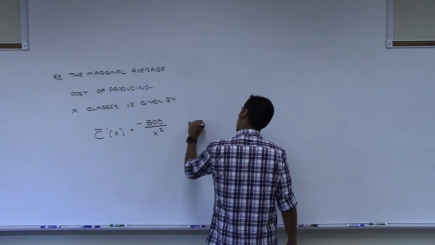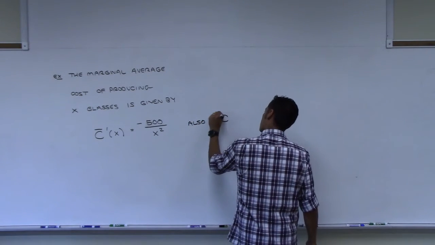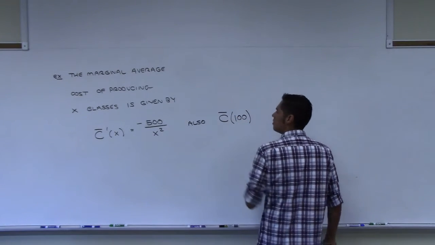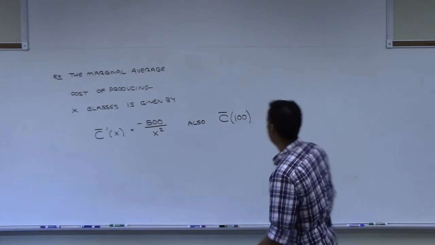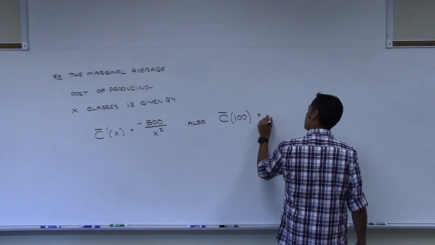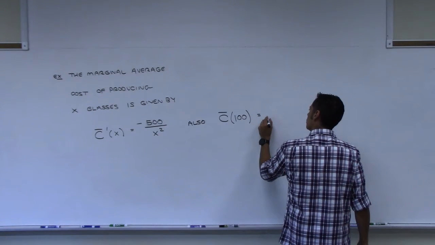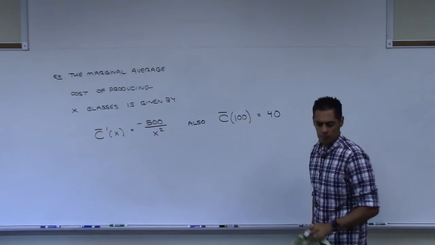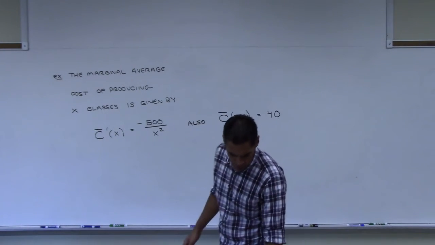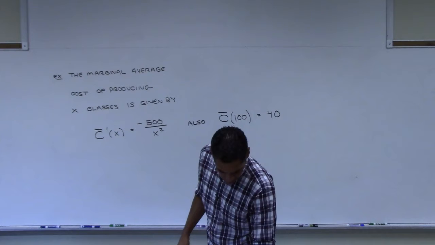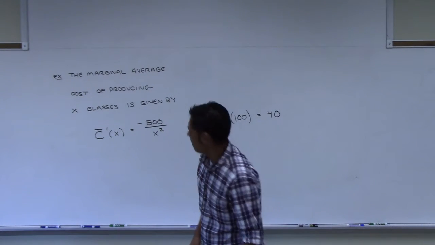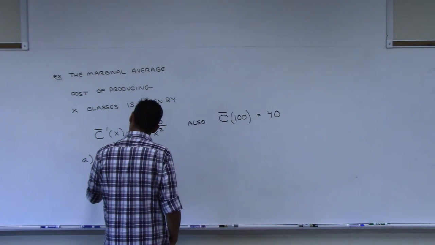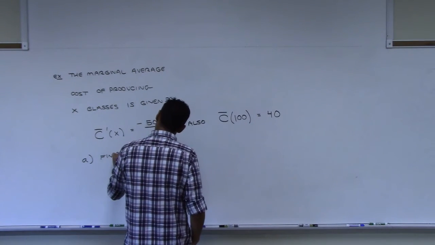Also, the average cost at 100 sunglasses is, let's go with 40. The question is, part A, find the average cost function.